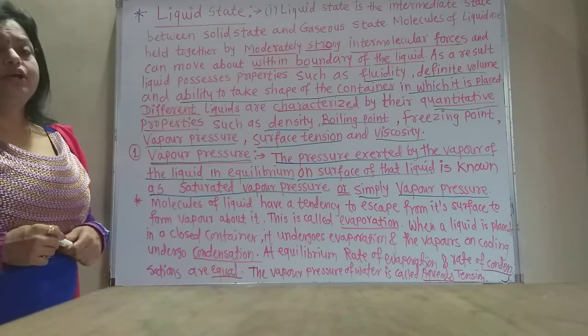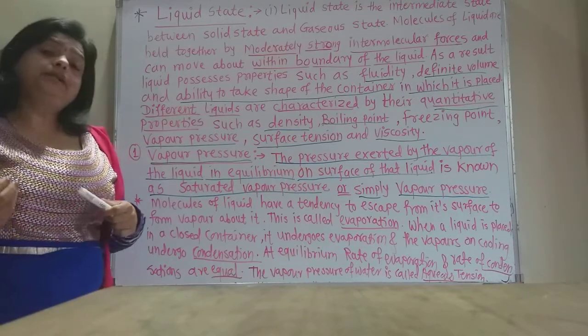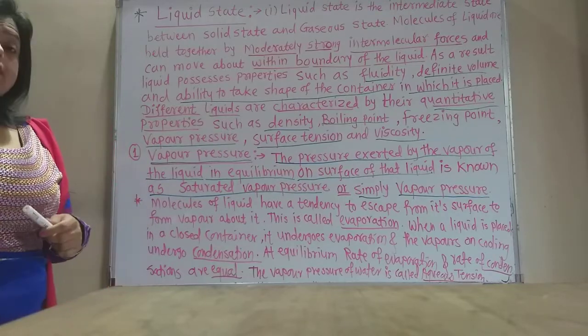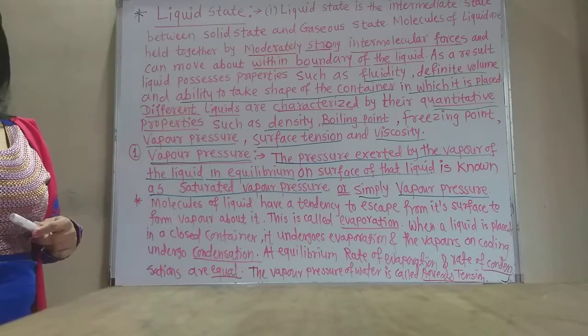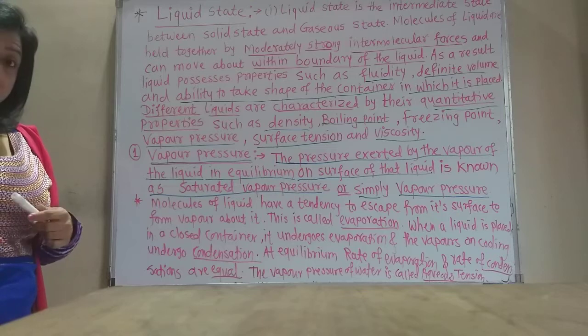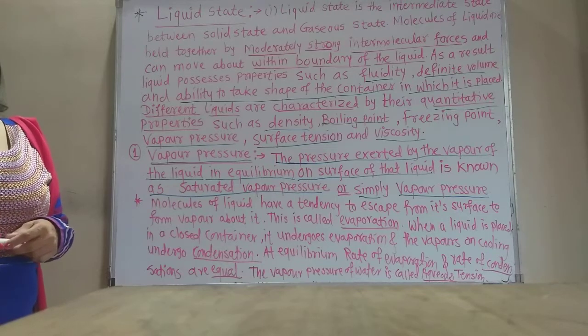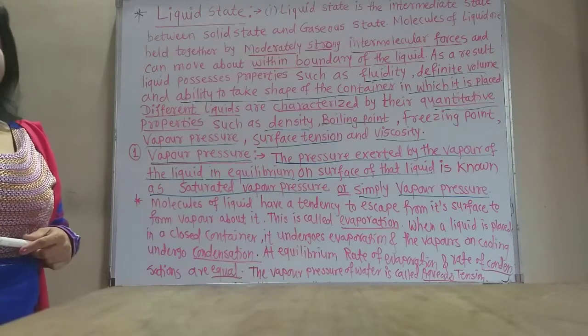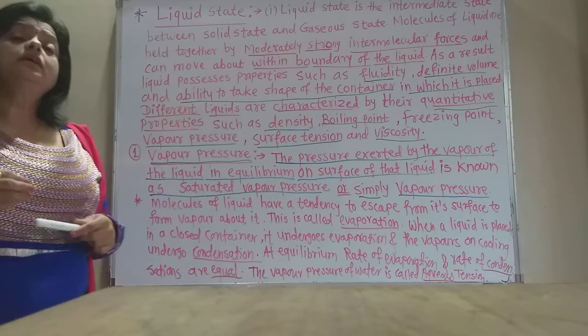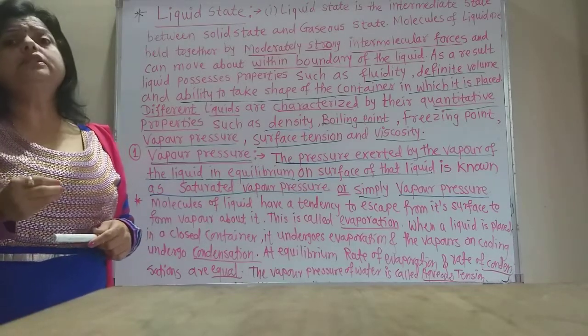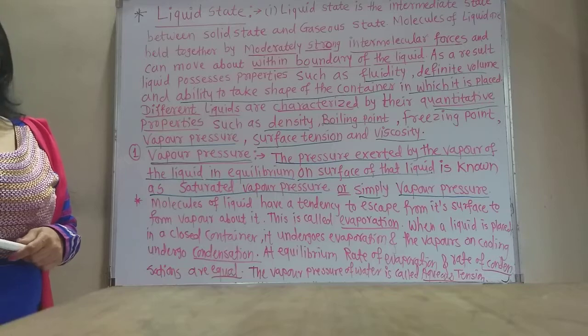We know that. Now let us learn again what the effects on the vapor pressure are, what affects the vapor pressure, and what the figure for vapor pressure looks like. There are short notes on all these properties in the examination.